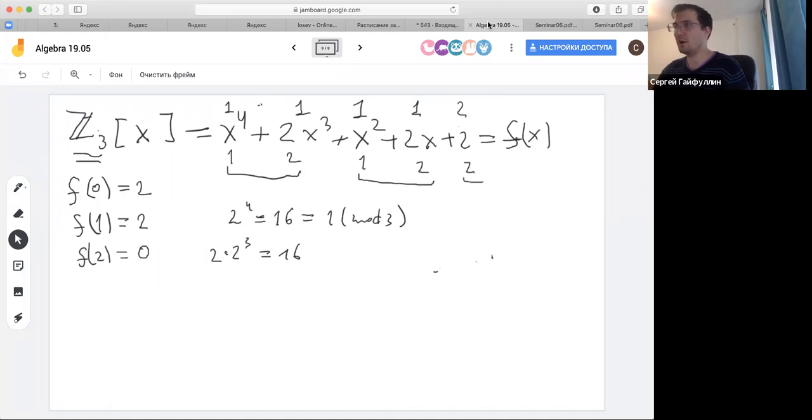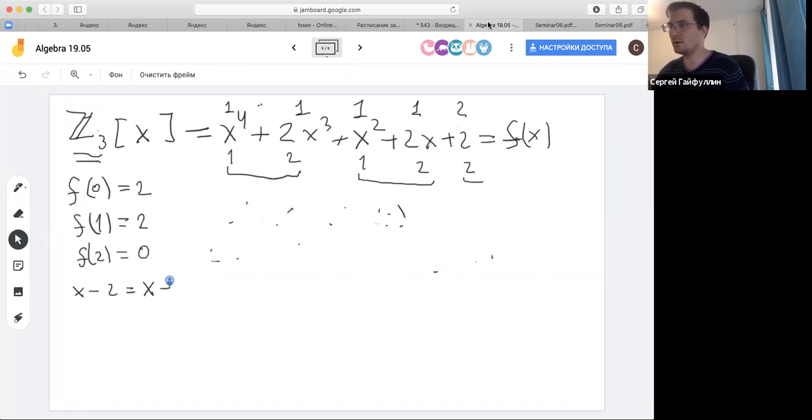Now we divide this polynomial by x minus 2. And x minus 2 equals x plus 1.